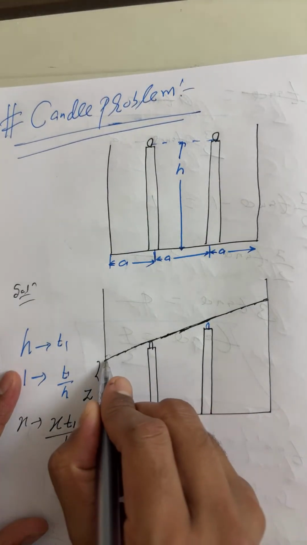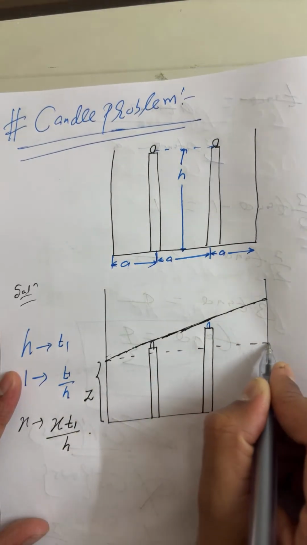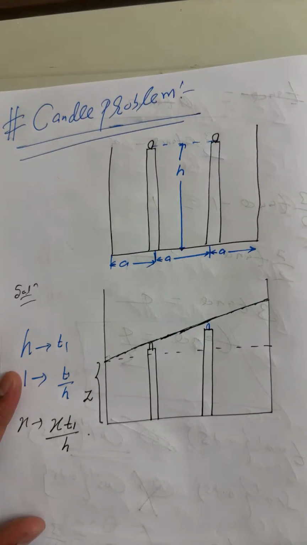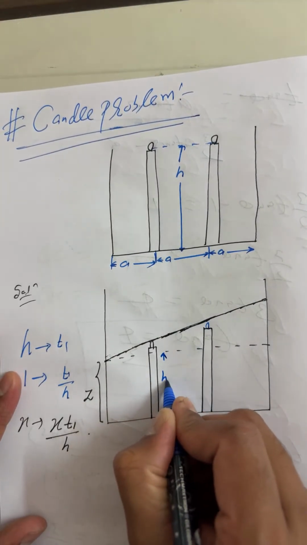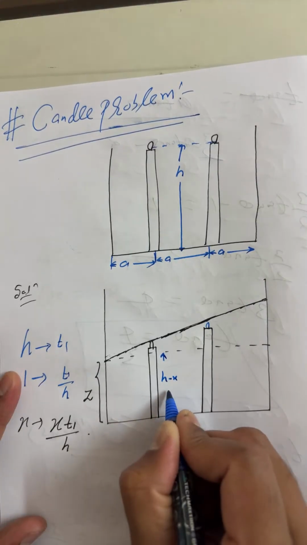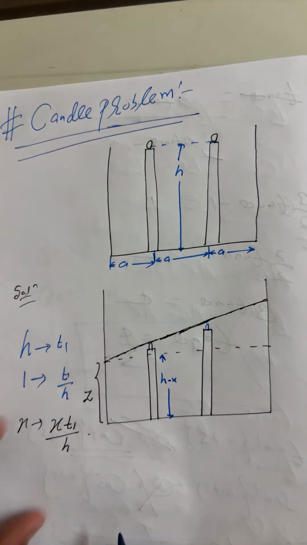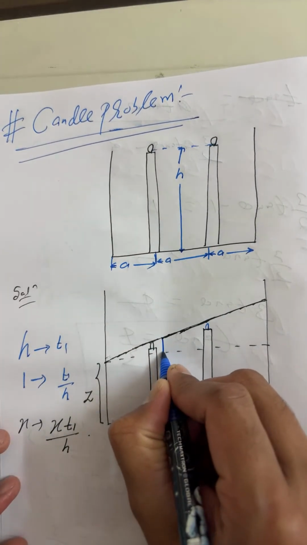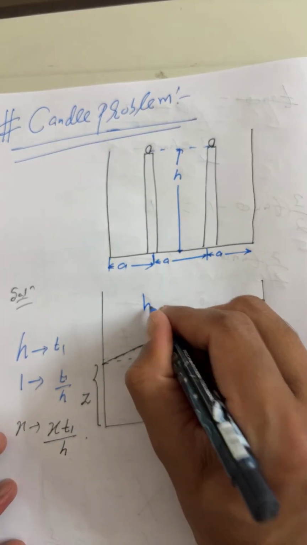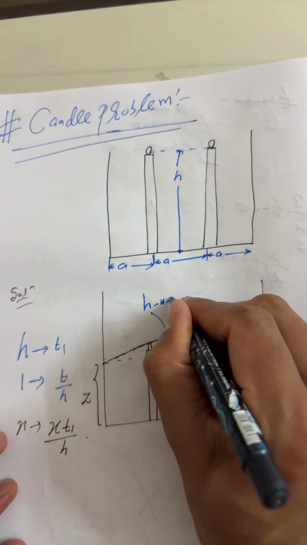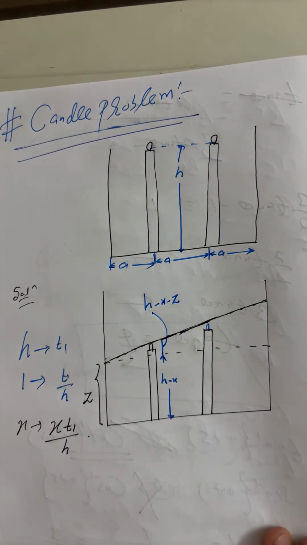So this height I'm considering from here to here is h minus x, and this entire length is z. So what about this length? You can write h minus x minus z.